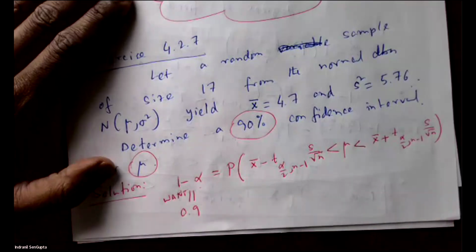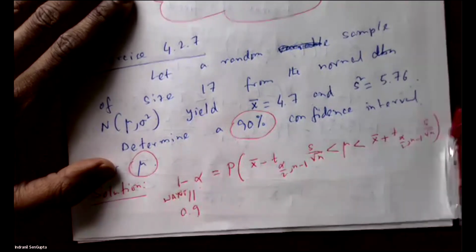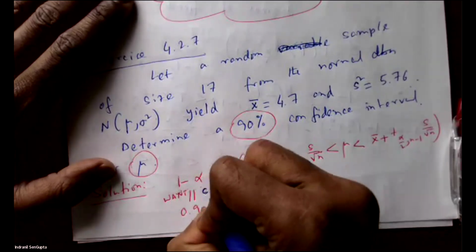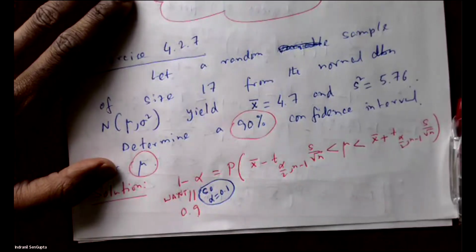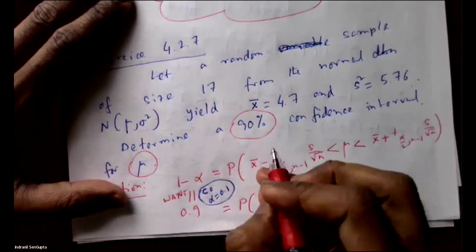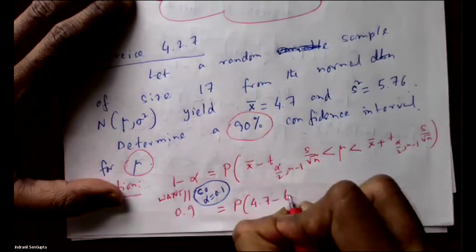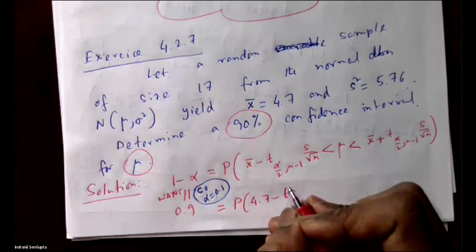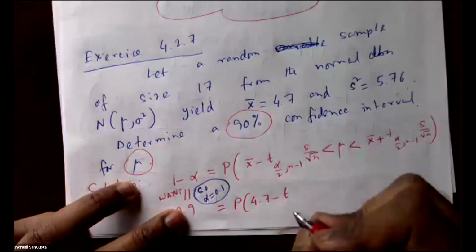That means 1 minus alpha is 0.9, so alpha is 0.1. This is equal to the probability of, x bar is given to be 4.7, so it's 4.7 minus t of alpha over 2. Now, if alpha is 0.1, alpha over 2 is 0.05.